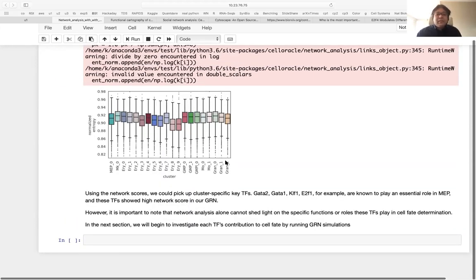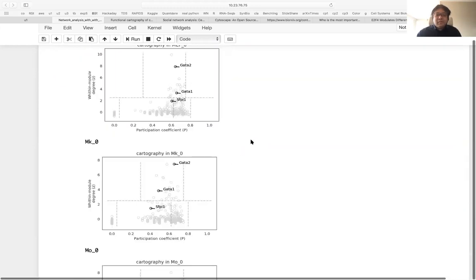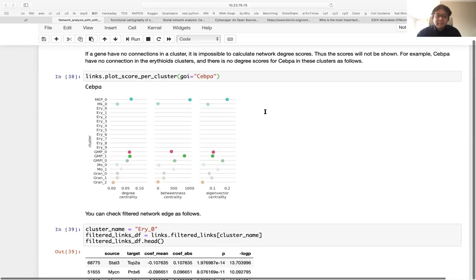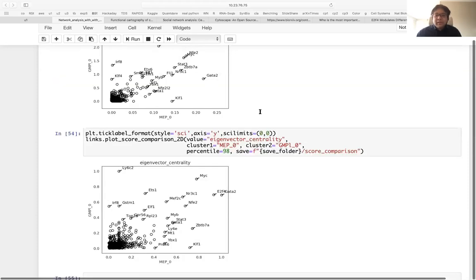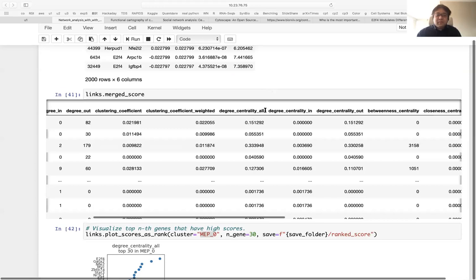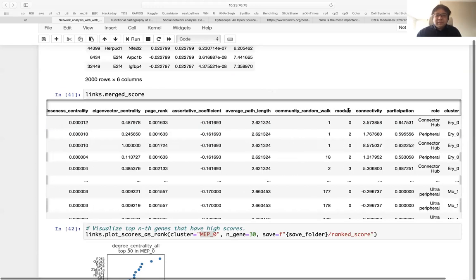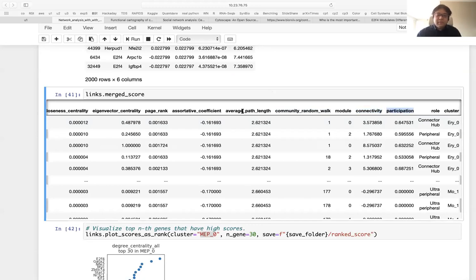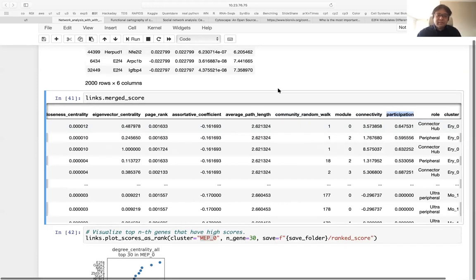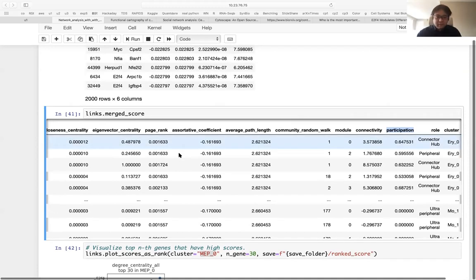So I want to say we can do many network analyses based on your GRN. CellOracle provides some network scores, and you can use these scores. But if you don't like this method, you can just do the analysis by yourself. It's completely fine.